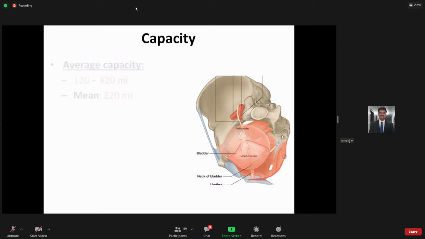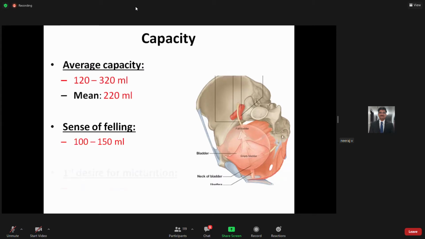Let us see the capacity of this important organ. The average capacity is roughly 120 to 320 ml of urine. You can say around 200 to 220 ml is the mean capacity of this muscular organ. Once the urine in this sac reaches 100 to 150 ml, it gives you a sense of feeling.